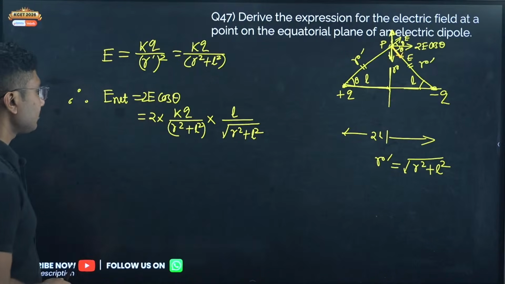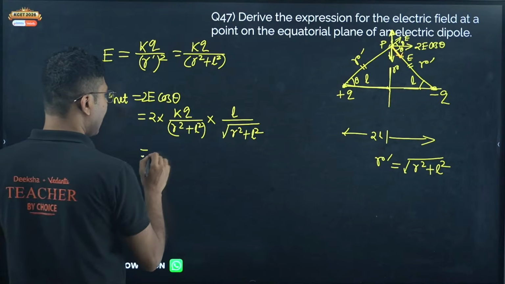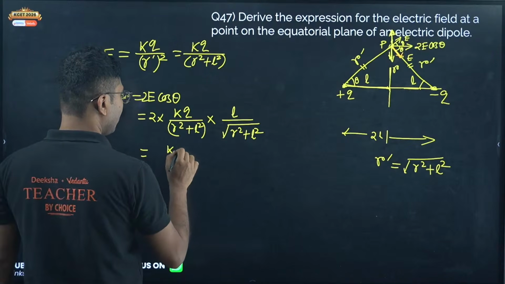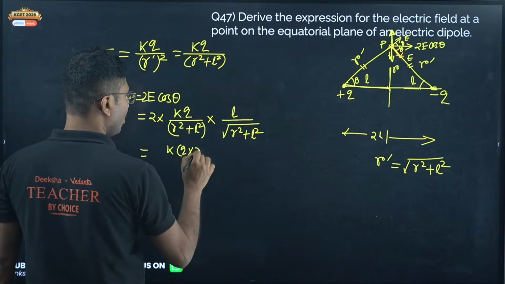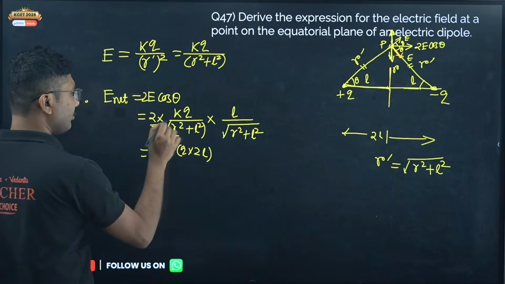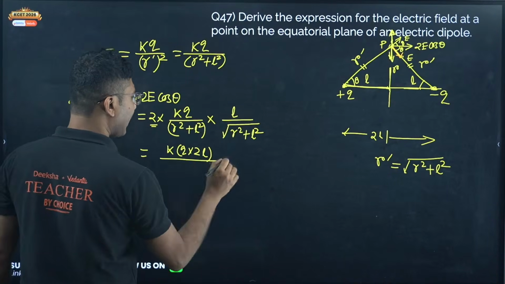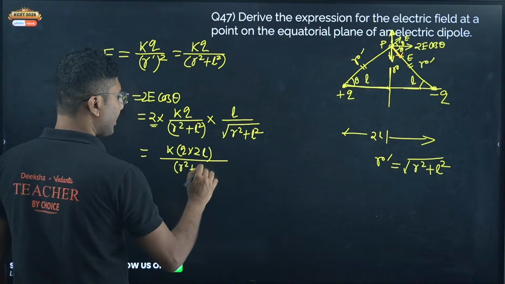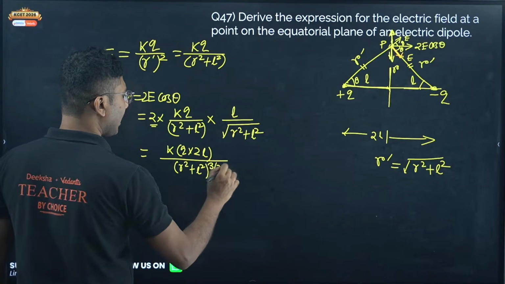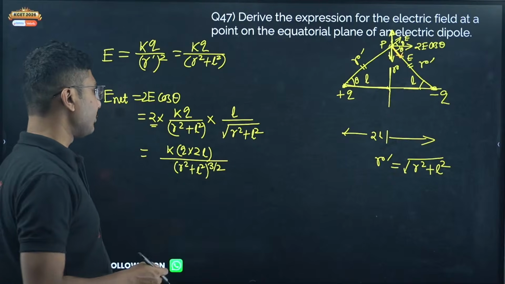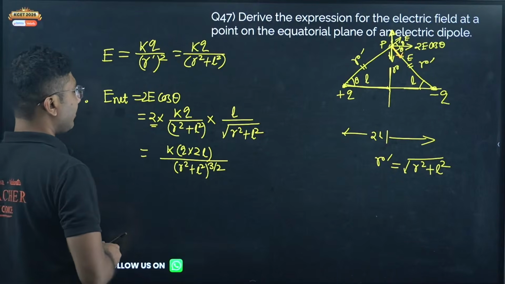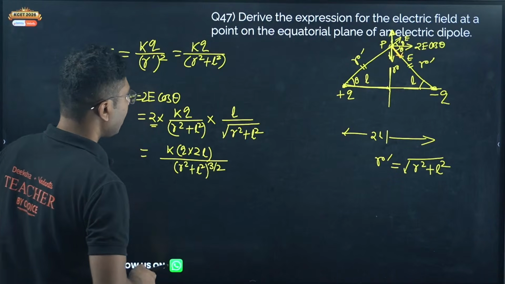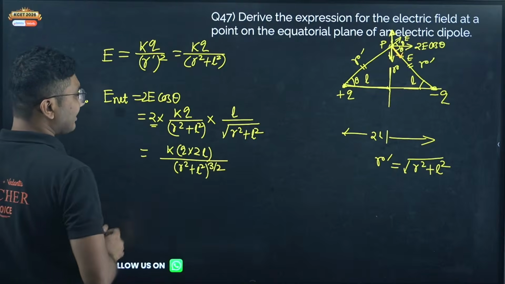So the net electric field we get as k into q into 2l, with these two incorporated inside the bracket, over r square plus l square to the power 3 by 2. Now this is the net electric field.